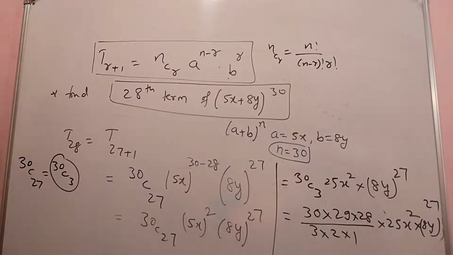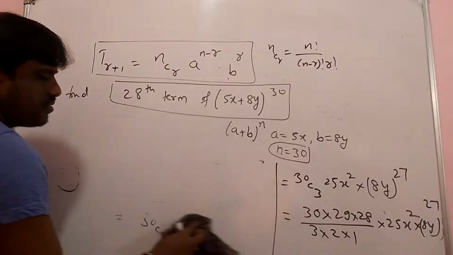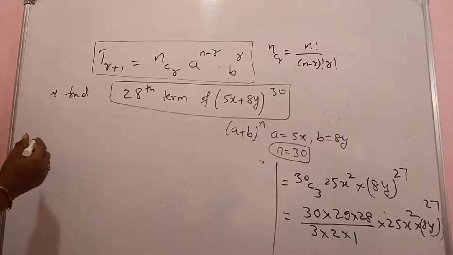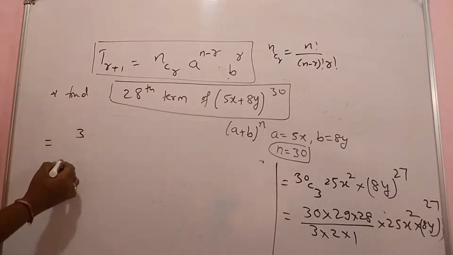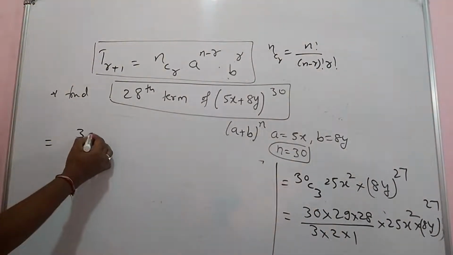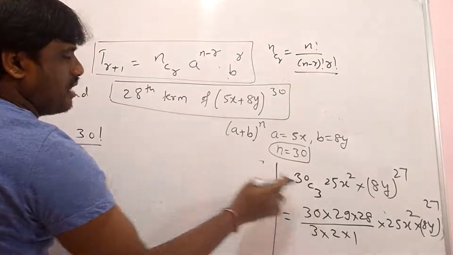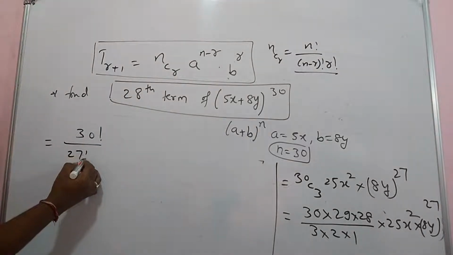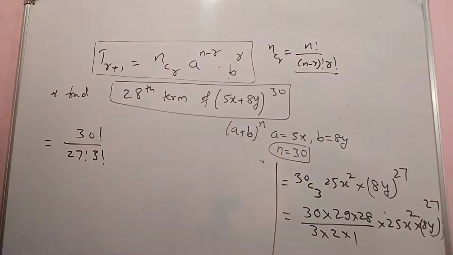We can calculate that and get the value. In the options, it is given as 30 factorial by (30 minus 3) factorial, that is 27 factorial into 3 factorial.